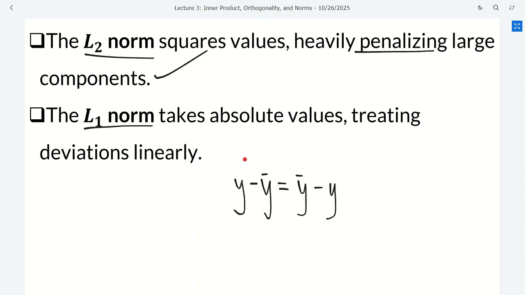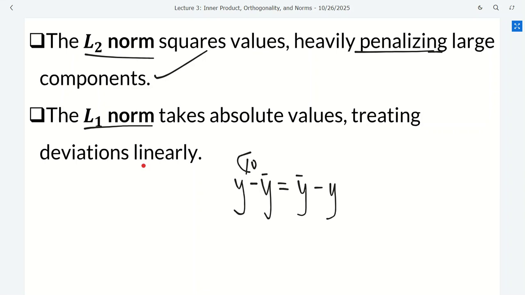When the error is large, we are going to penalize it and make the model learn the correct thing. In terms of error, penalizing with the L2 norm is far better because your model learns that it has made a mistake, so this is not what I'm looking for. Then you penalize it and go back. So the L2 norm, which is the Euclidean norm, is far better for error calculation.